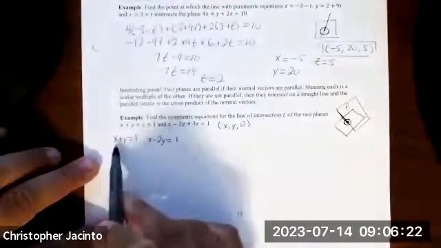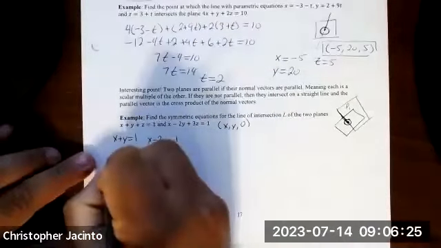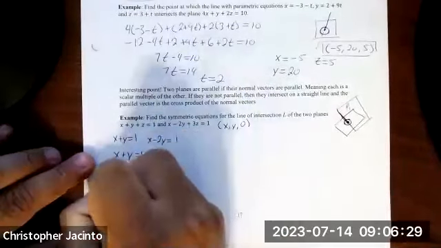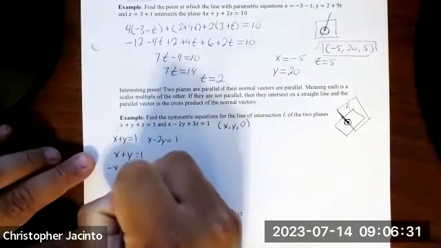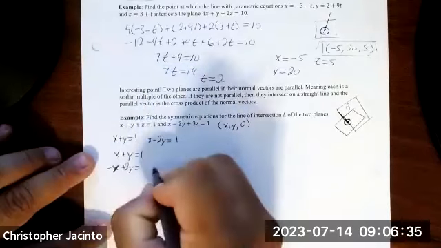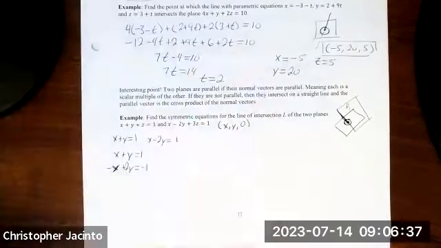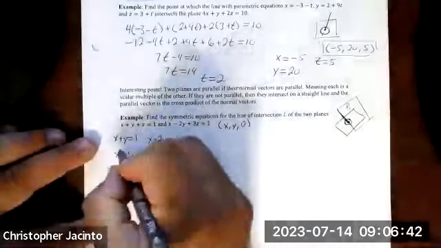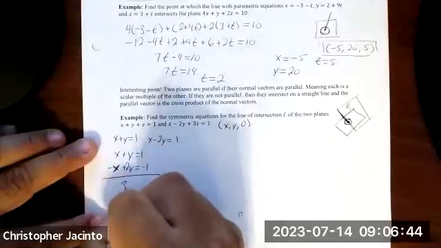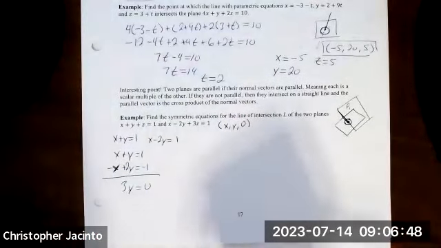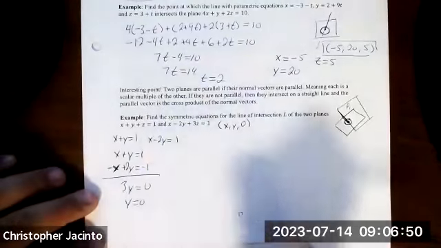So let's say we want to get rid of x, for instance. So let's say we do x plus y equals 1, multiplied by -1. We get that. Crossing this out, we get 3y is equal to 0, so y equals 0 then, right?